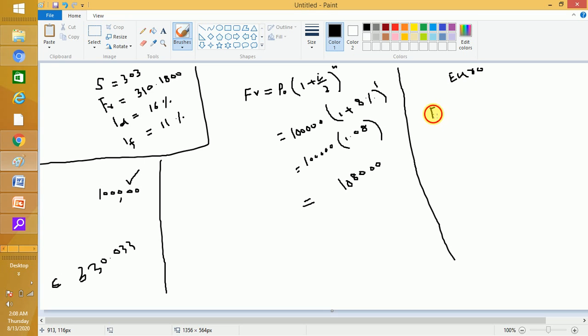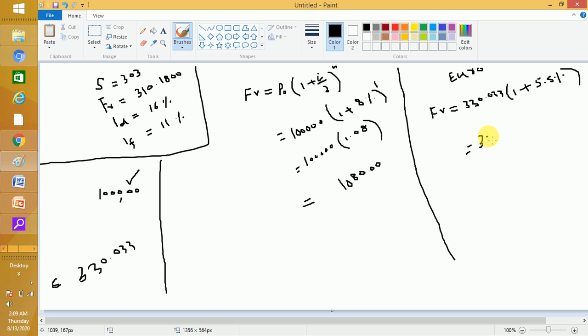So we will calculate future value. You know about the formula. Present value times 1 plus I divided by 2 raised to the power n. So present value with us is 330.033. 1 plus interest is 11% divided by 2, so it is 5.5%. So 5.5% is equal to 0.055.